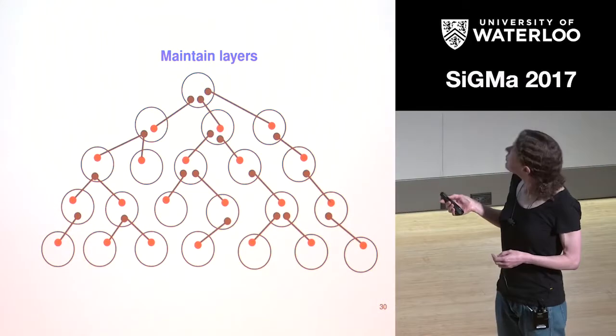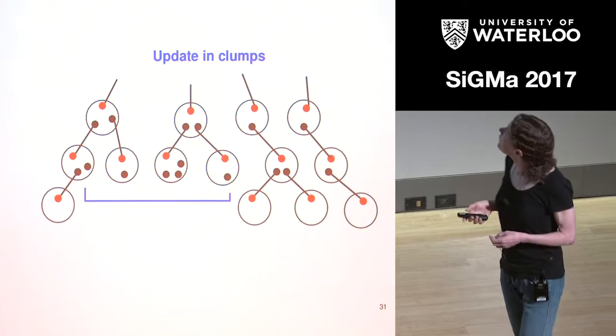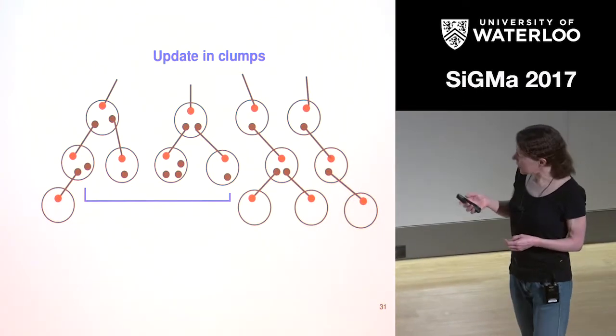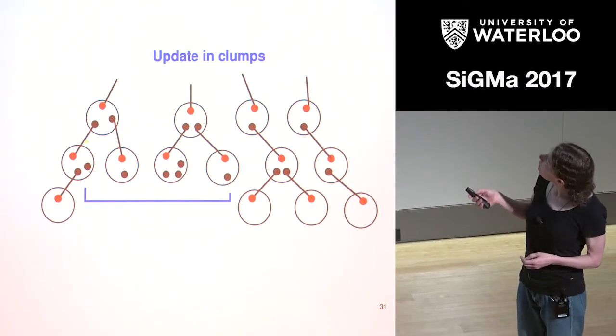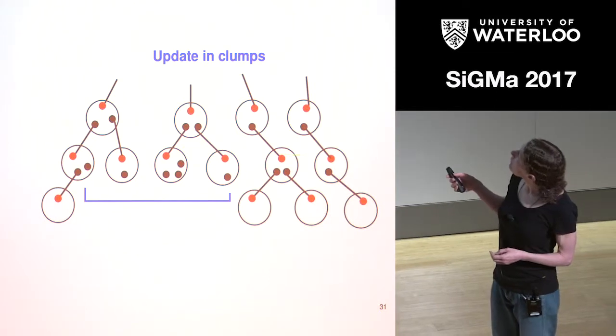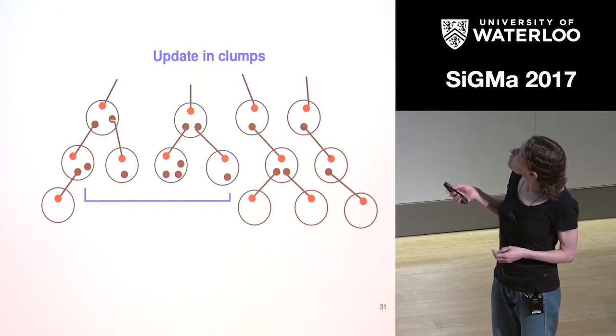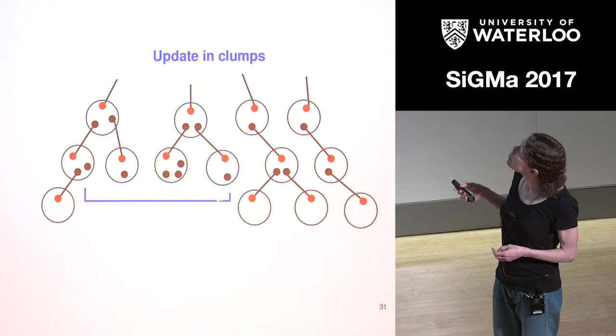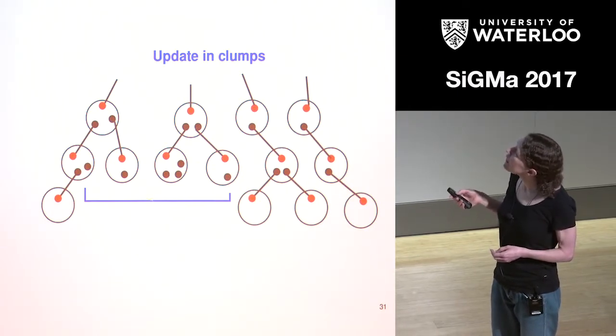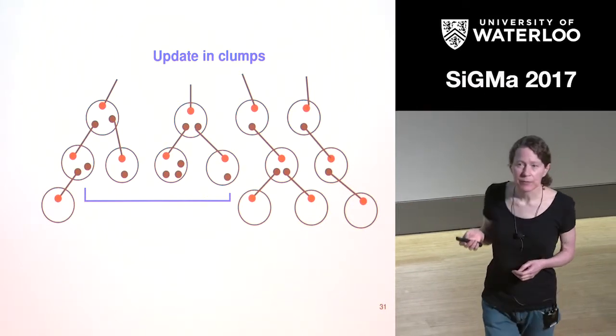Right, so I showed you the picture of maintaining layers. What about this update? Now imagine I've built this layer of the tree, and I filled up as much as possible these ones. And now I have this layer here, and I'm now constructing the next one. And during the construction of the next one, I actually find not just one, but a lot of vertices that have degree 0 in M. Those are these ones.